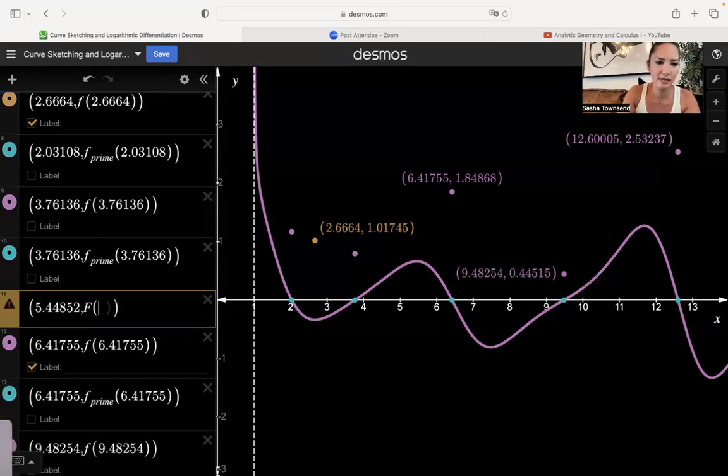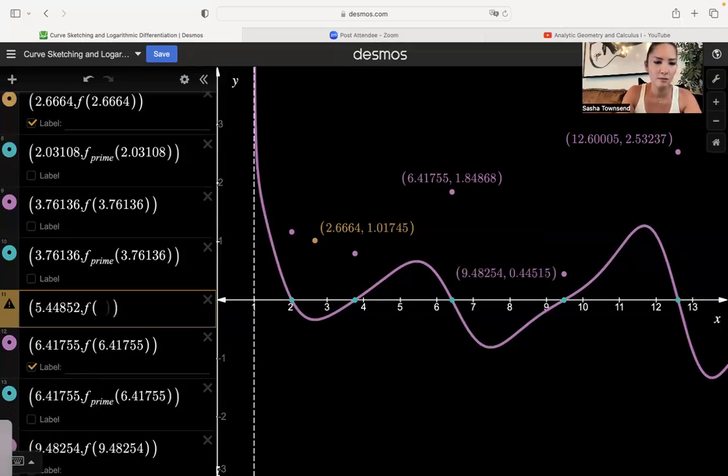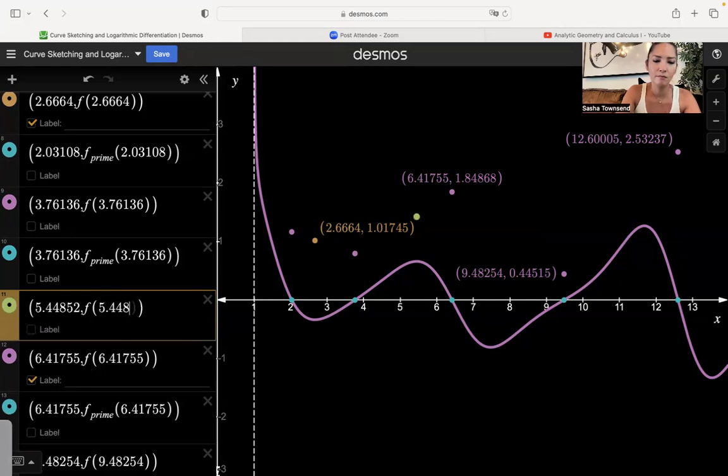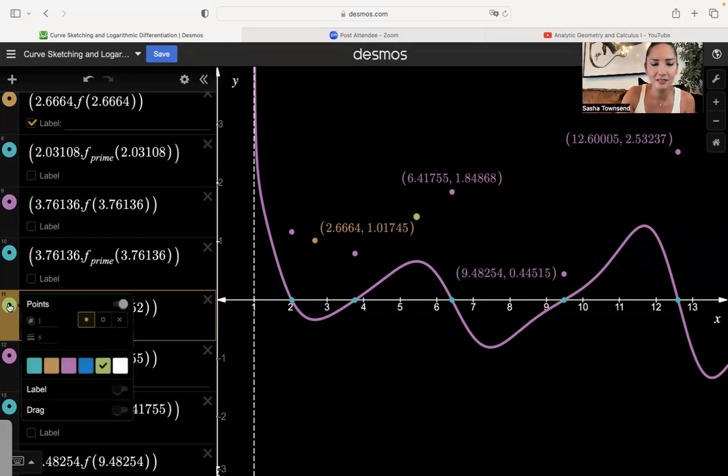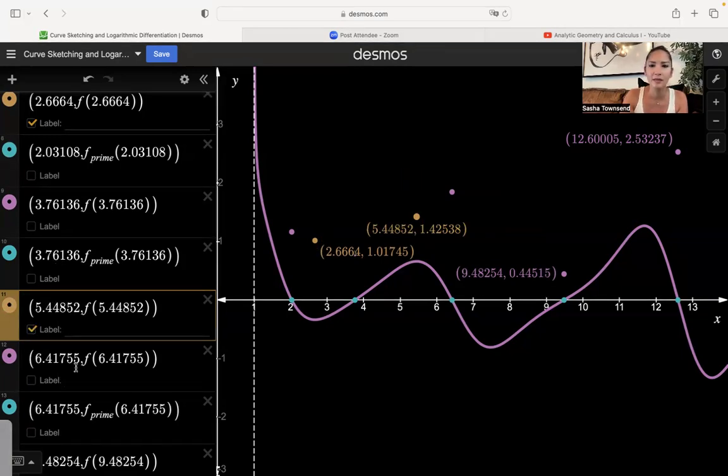And we'll plot the corresponding y value. And I want that in orange. We'll label it. And I think I want to get rid of the labels on those extrema.